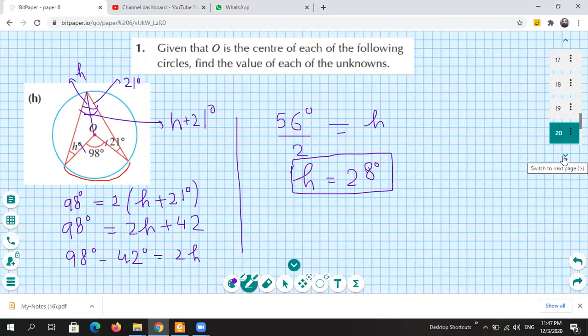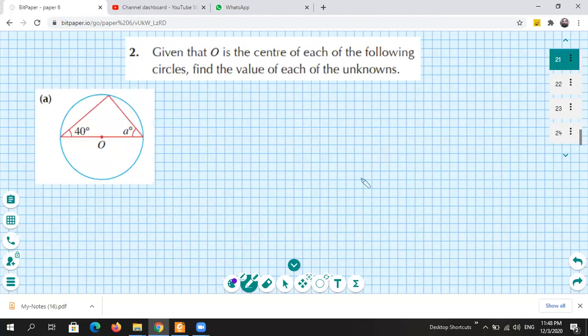Right, moving towards question number 2. The statement is given that O is the center of each of the following circles. Find the value of each of the unknowns.